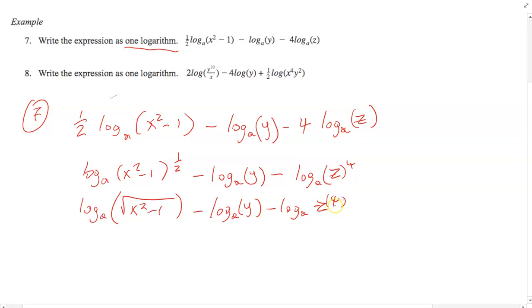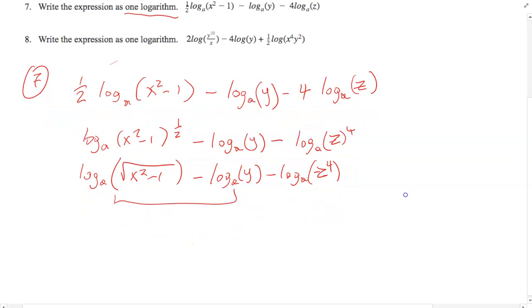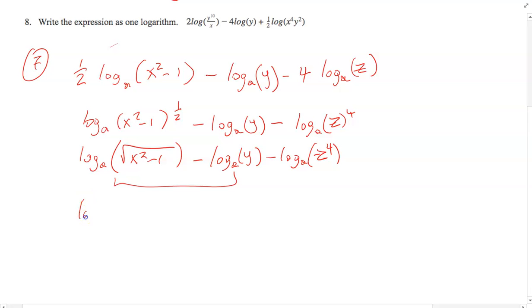Now we're going to apply another law of logs to bring these two first parts together and write it as a single log. So that's log base a of radical x squared minus 1. And because it was a subtraction here, that means we're going to divide the arguments. That'd be over y. Then subtract log base a of z to the 4th.